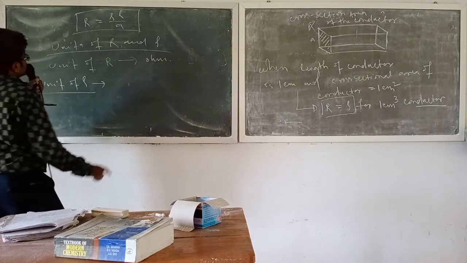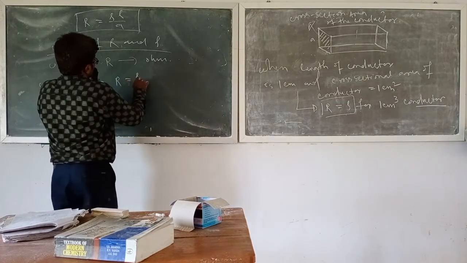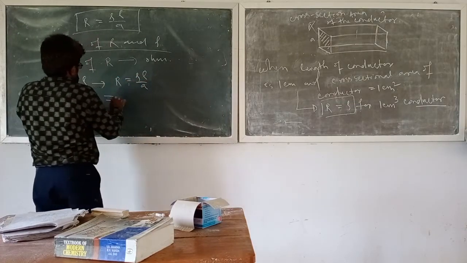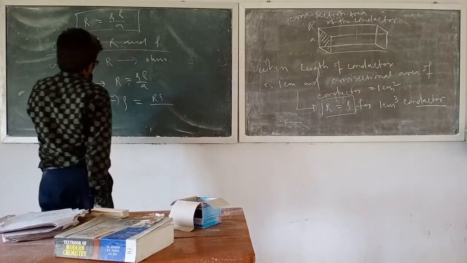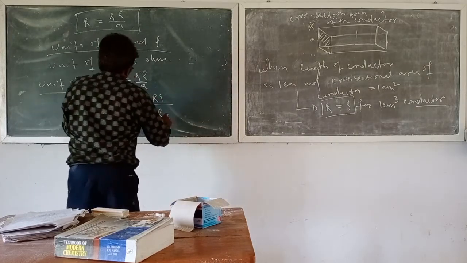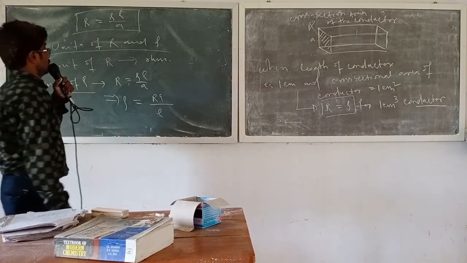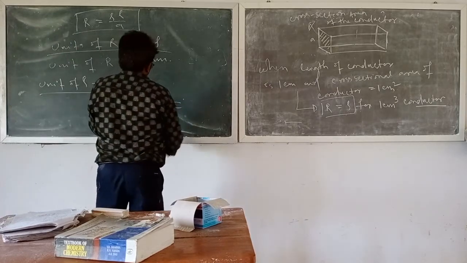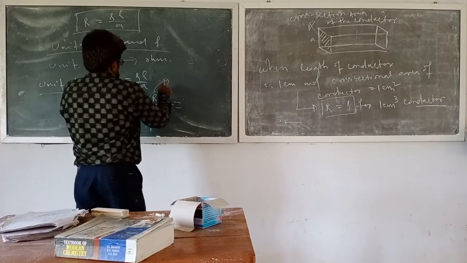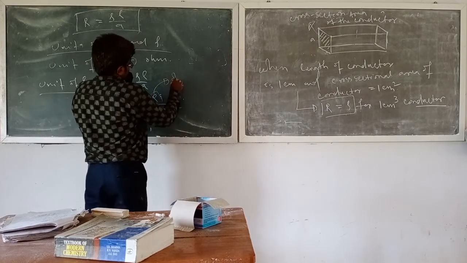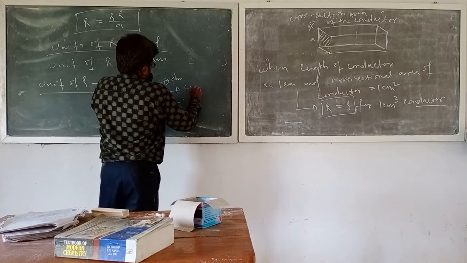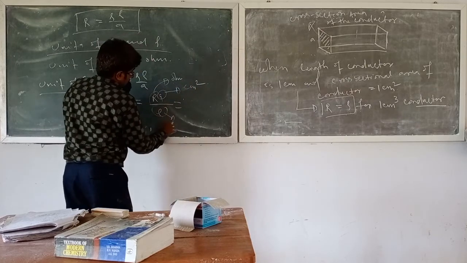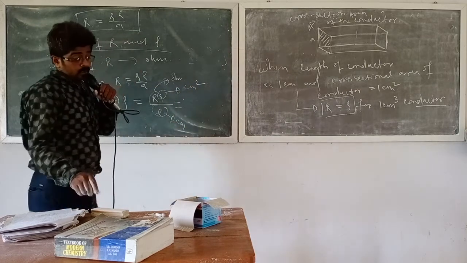R equal to rho L by A, that implies rho equal to RA by L. The unit of R is ohm, A is cm square, L is cm.